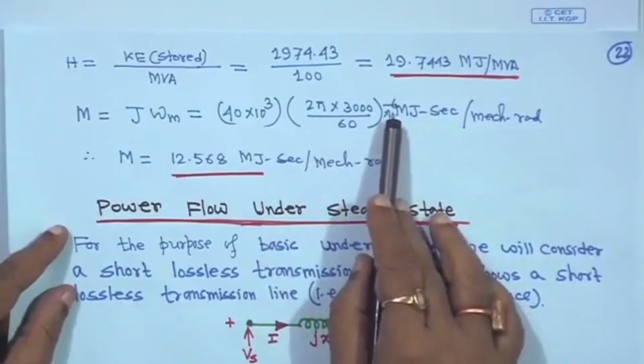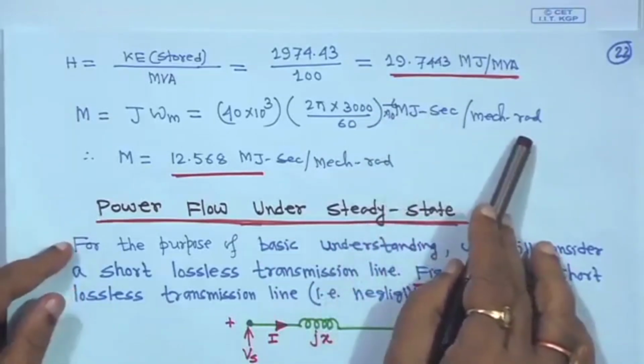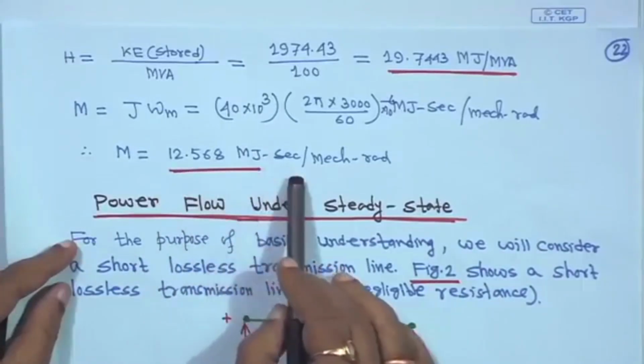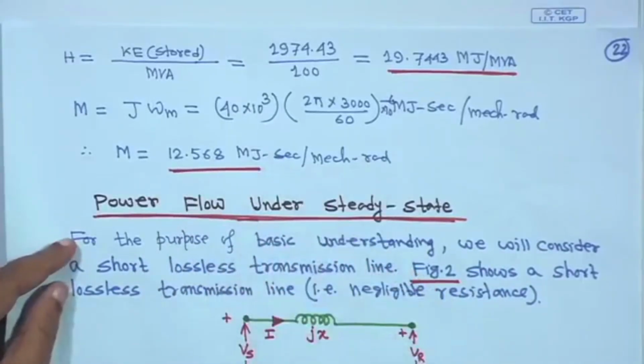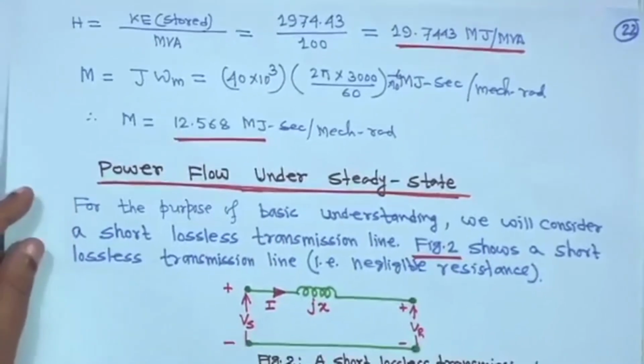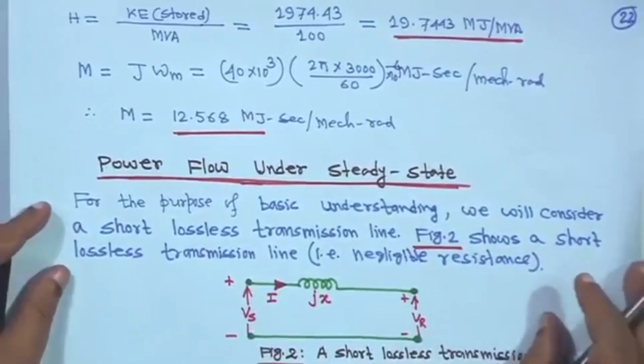That is megajoule second per mechanical radian, and M is equal to 12.568 megajoule per second mechanical radian. But for a 2 pole machine, mechanical and electrical radians are the same. This is the small example we have taken.